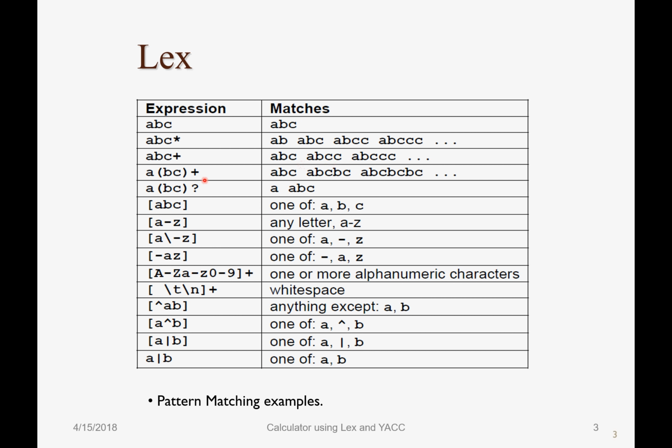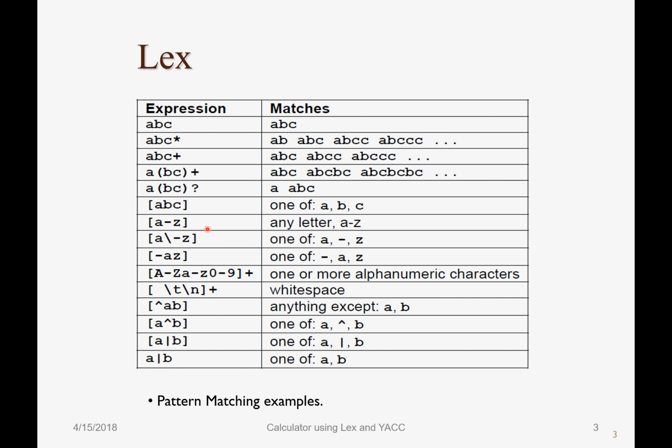In the same way, A(BC)+ means one or more occurrences of BC. Then here, A(BC)? means either we take BC or not, so it matches A or ABC. Which strings are formed by this expression? Then [ABC] means one of A, B, C because we took it in square brackets.